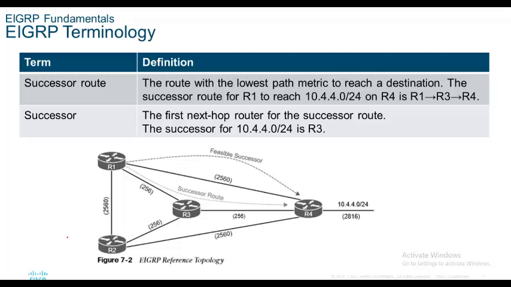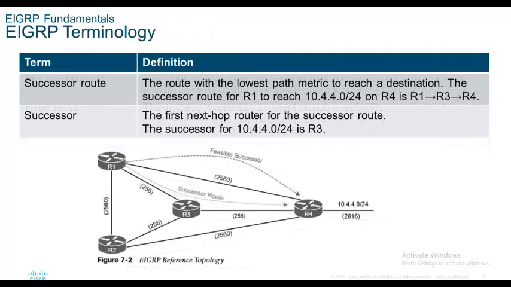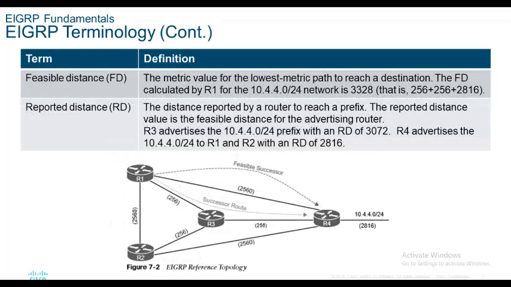So I want to repeat this: successor route and successor. Successor route is the elected route. The route with the lowest metric is the elected route. What is successor? To use the elected route, the next router, the immediate gateway, the exit interface is the successor.